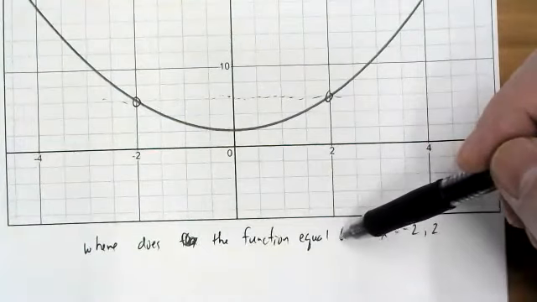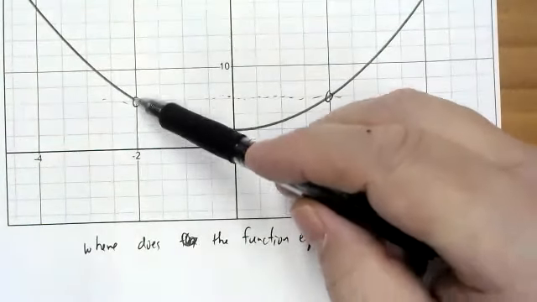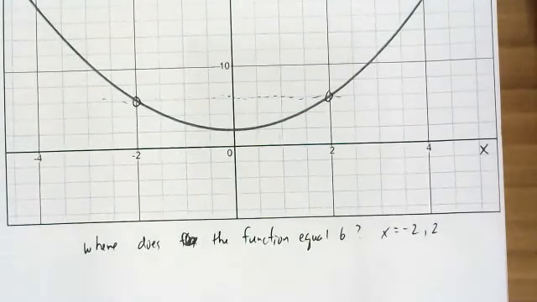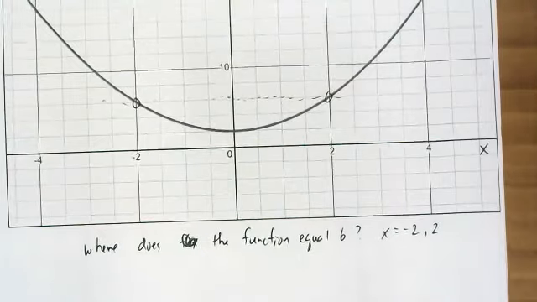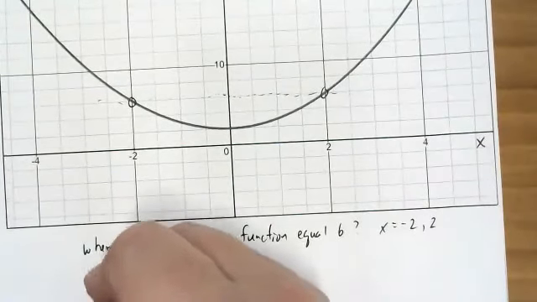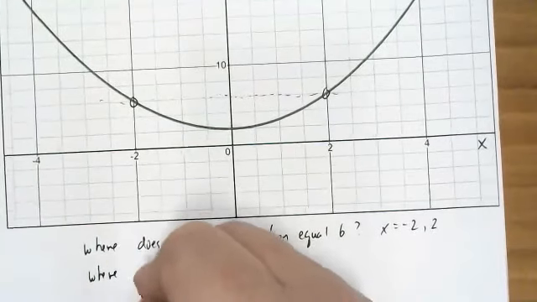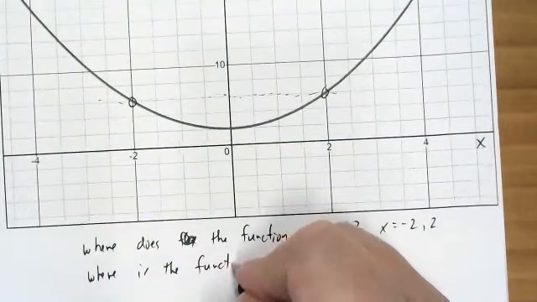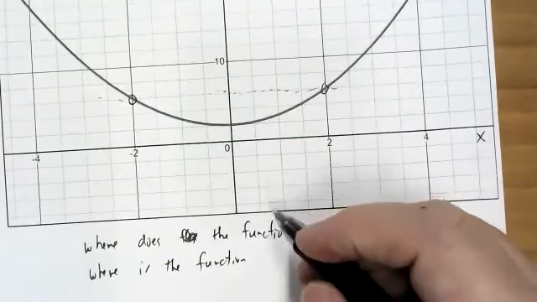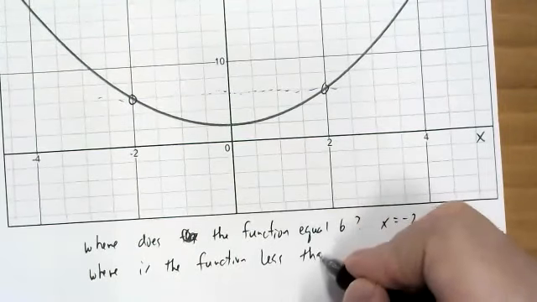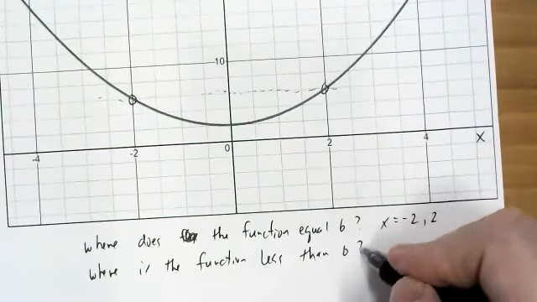Where does the function equal 6? When x is -2 or when x is 2. However, what if I said instead, where is the function less than 6?